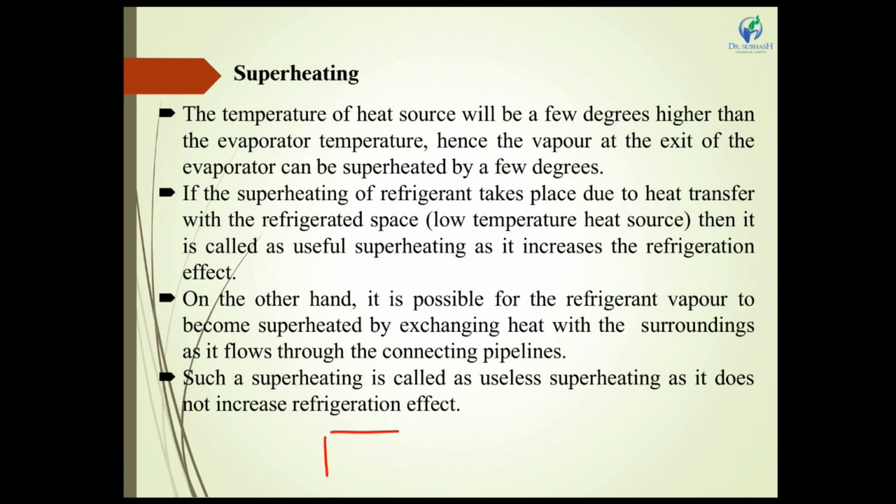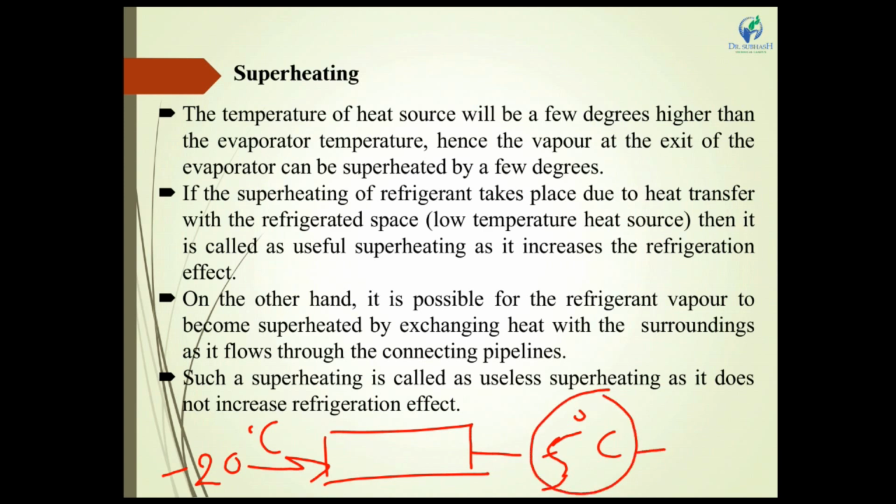Consider an evaporator where the inlet temperature is minus 20 centigrade and the outlet temperature is 5 degree centigrade. If we increase the temperature from 5 centigrade to 10 centigrade, that means 5 centigrade, we can increase the temperature after the evaporation process.